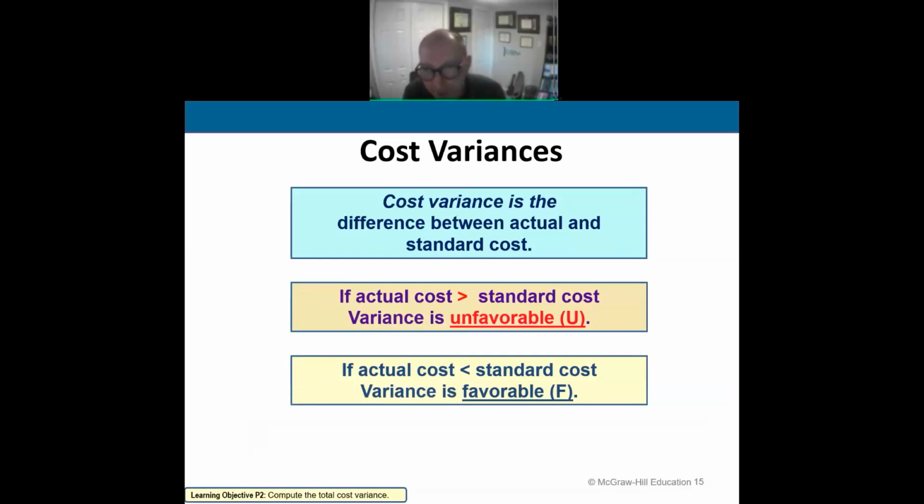Remember, variance is the difference between the actual and the standard or the budget. The difference between the actual and the budget is called a variance. If the actual cost is greater than the standard or the budget cost, then it's unfavorable. If the actual cost is less than the standard cost or the budgeted cost, it is favorable.